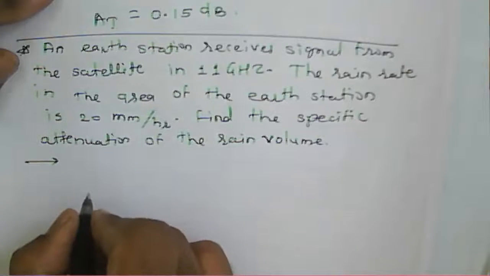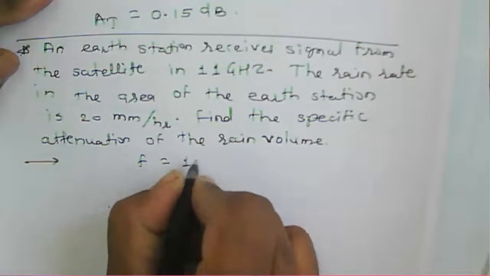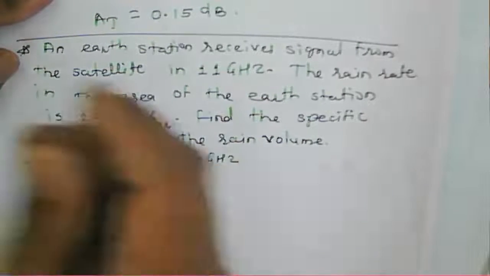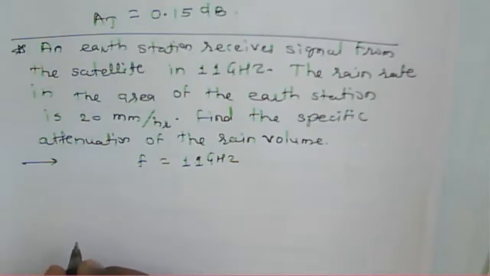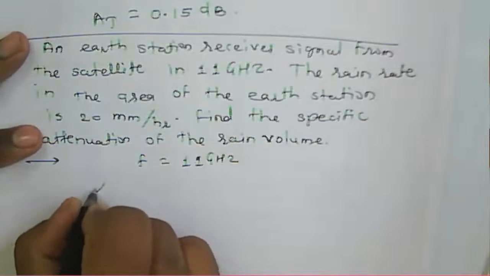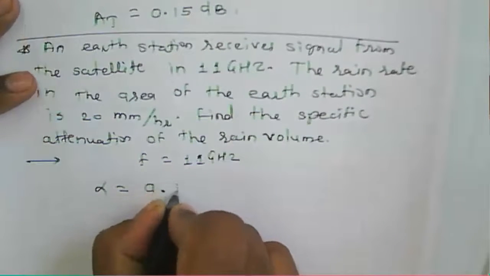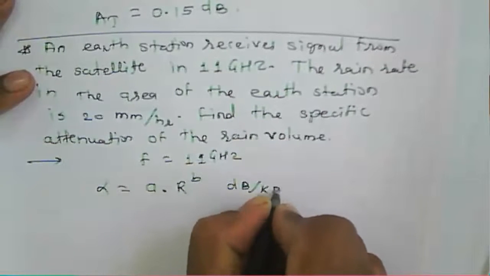Now here the frequency is 11 gigahertz, so for that we need to calculate small a and small b, because our equation of attenuation is alpha equal to a into r raised to b, in dB per kilometer.